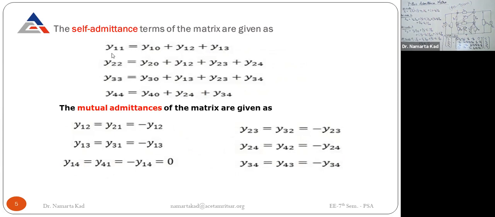And Y11 is equal to Y10 plus Y12 plus Y13, and so on. So these are called the self admittances. This complete diagonal is called the self admittance. And similarly, the mutual admittances: this Y12 and Y21 element, which is equal to minus Y12.